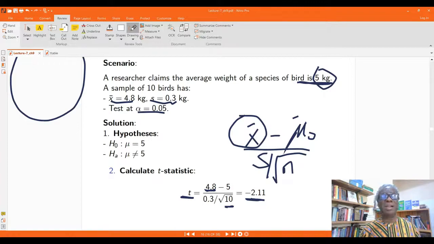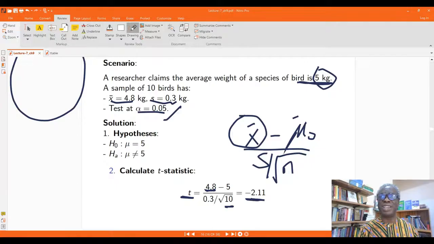minus 2.15. You know, in hypothesis testing, this is the third step. The first step, specify or formulate the hypothesis. The second step, choose the level of significance. We have chosen that.